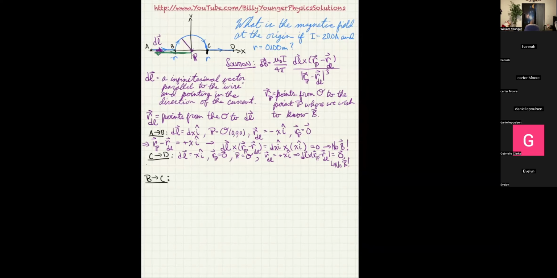So I'm going to do that right there. That vector is a vector from the origin to the point DL. That's my plan anyways. So this vector is in fact going to be R DL. And in fact, DL, I'll make purple this time.